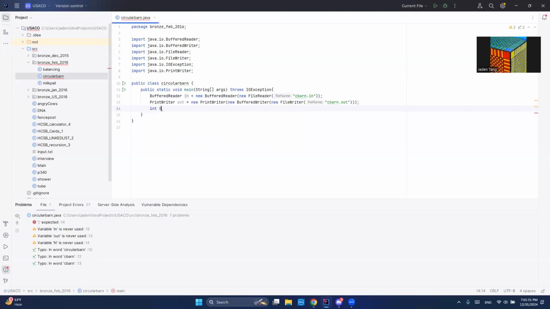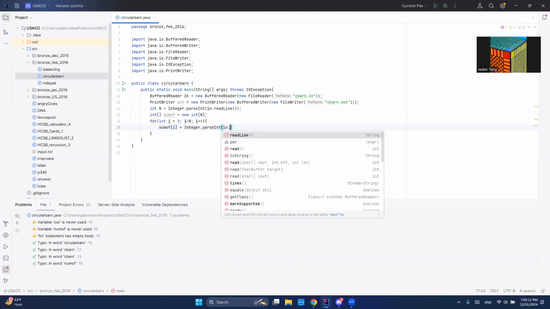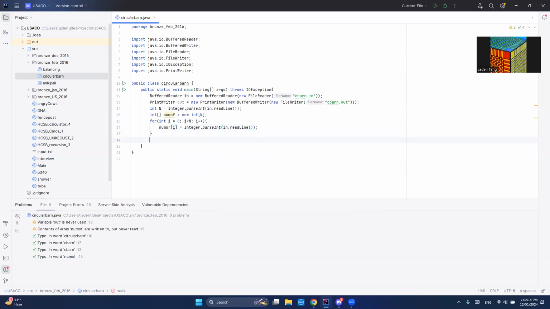So the first line contains n. Okay, so now we have taken an input. We can now determine for each room, if that is the only one opened, how far the cows will walk.